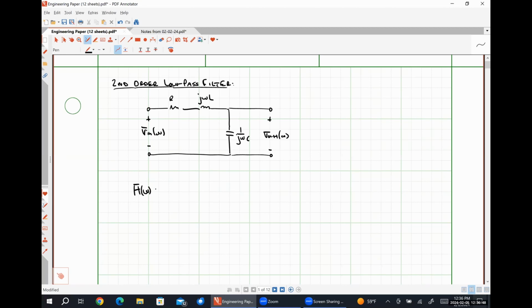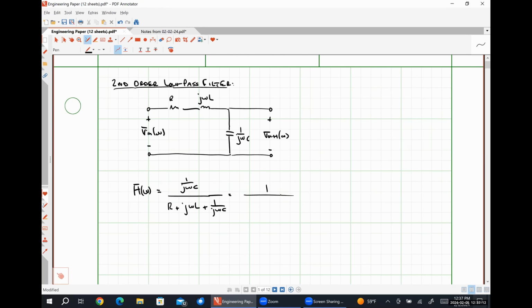So our transfer function is going to look like 1 over j omega C divided by R plus j omega L plus 1 over j omega C. Multiplying through by j omega C over j omega C, that's going to give us a 1 in the numerator.